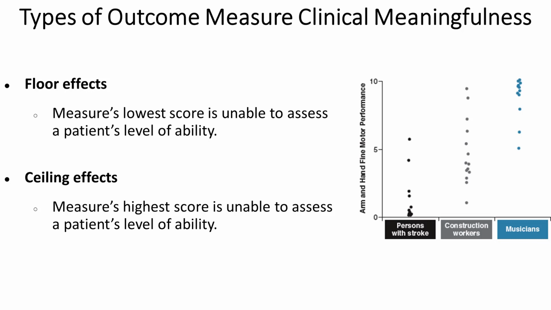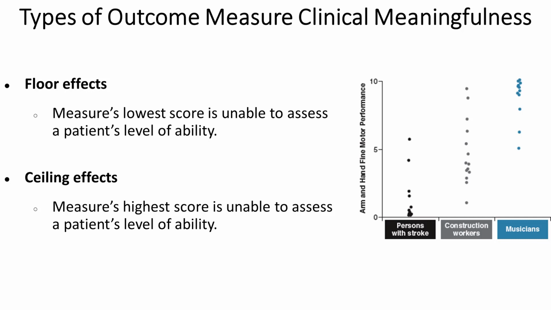Okay, this would mean that this outcome measure has a floor effect for a person who has a stroke. A lot of people end up with a really low score because the test isn't able to measure their lowest ability. Okay, so if you're going to use this particular test with people with a stroke or post-stroke, probably not a good idea.